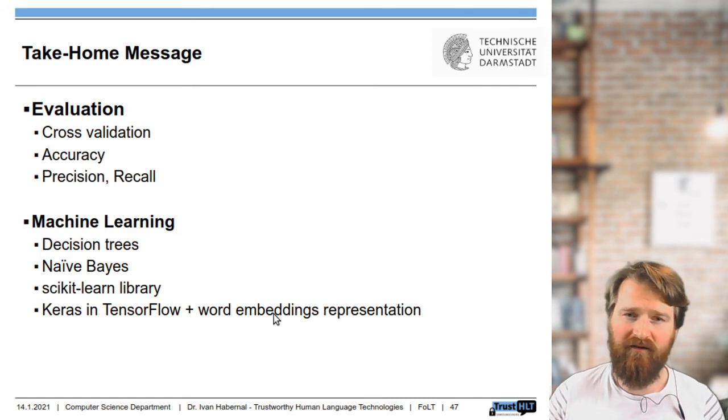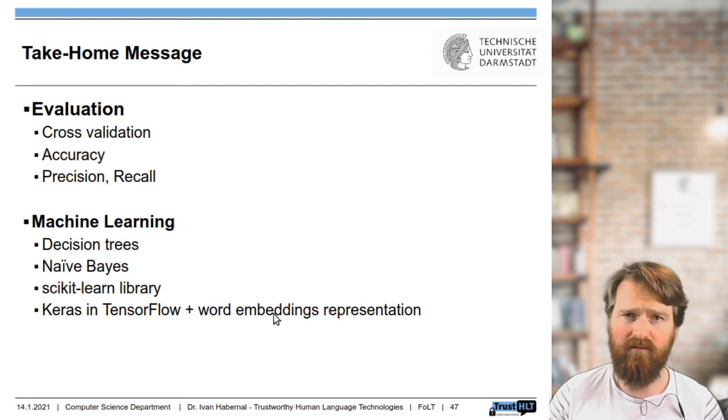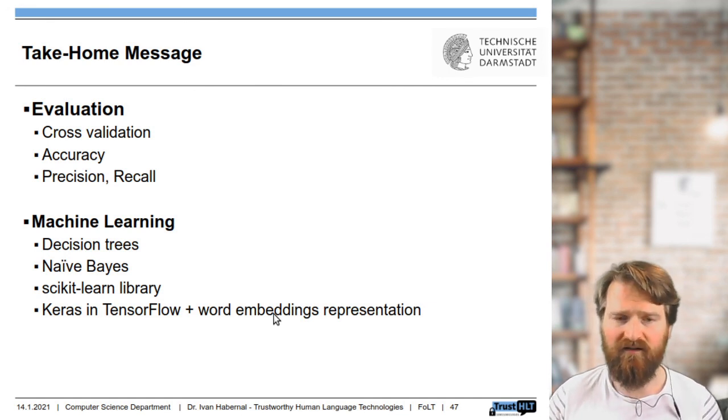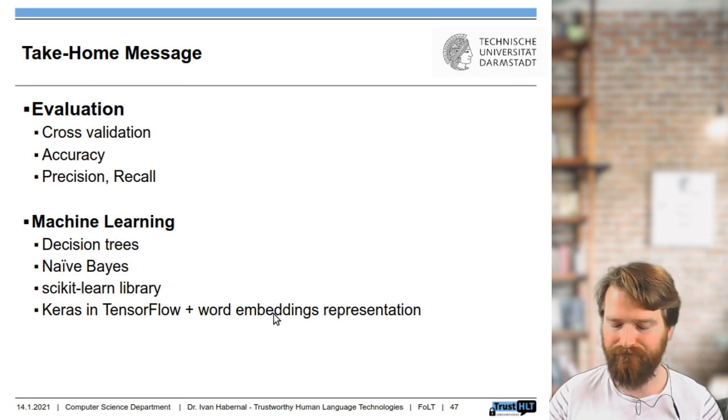We had a machine learning algorithm zoo with different animals: decision trees, naive Bayes, with independent features and probabilistic meaning, easy to implement by counting. We looked into the scikit-learn library, which is really worth trying out because it's general machine learning, not only for text. And then we discussed a little bit of Keras and TensorFlow, and mostly word embeddings, what they mean and how helpful they are for solving some sparsity problems in the data.